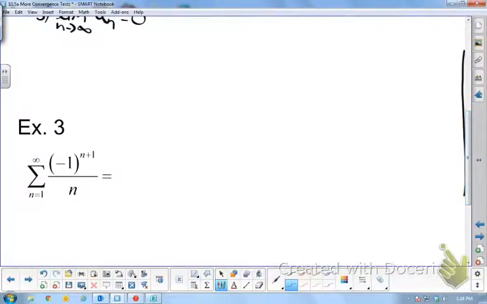So let's take a look at this series. This series also has a special name. It's called the alternating harmonic series. It goes back and forth from positive to negative.